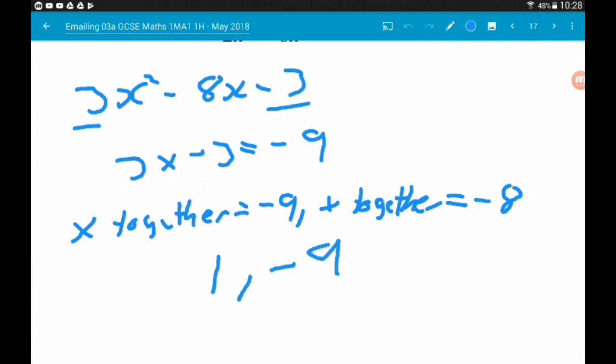They are the only two numbers that will do that. 1 times minus 9 is minus 9. 1 and minus 9 is minus 8.